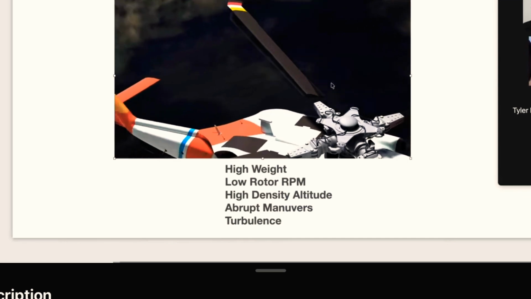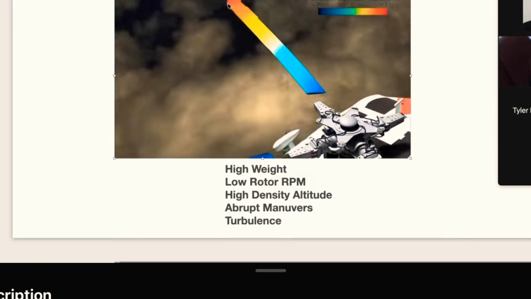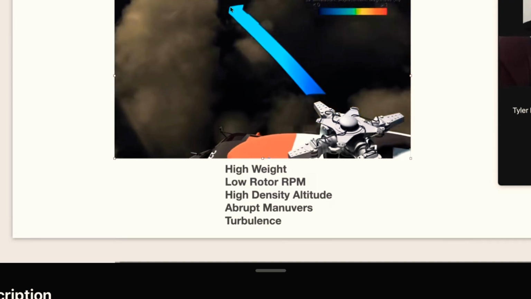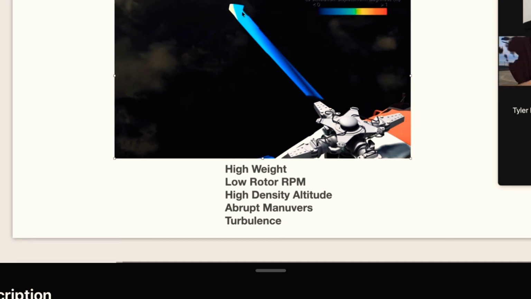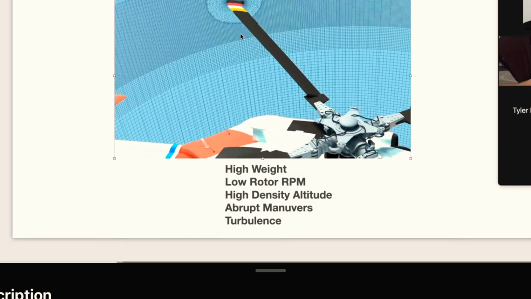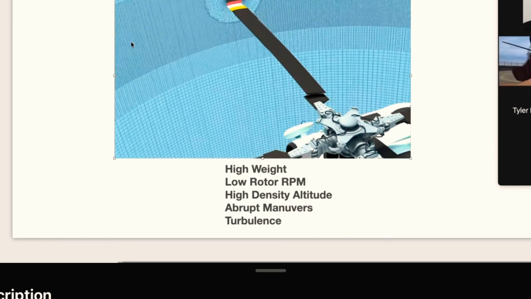So what the rotor system must do is equalize the lift to compensate for that. I'm going to play this animation a couple times to show you the advancing blade and the retreating blade, or here it's advancing and now it's retreating.